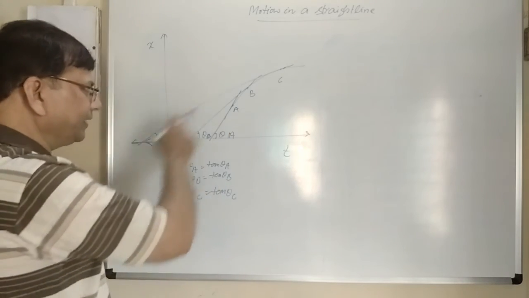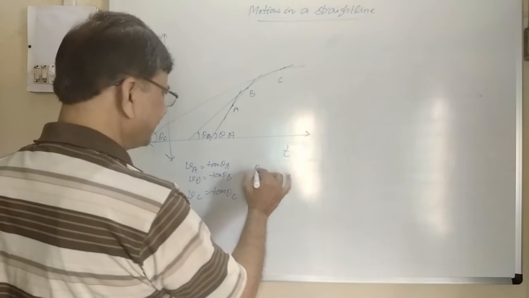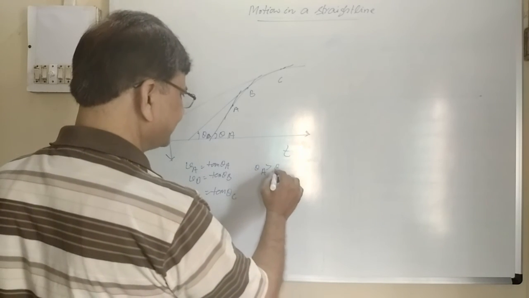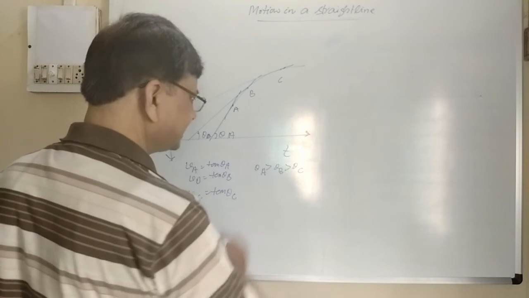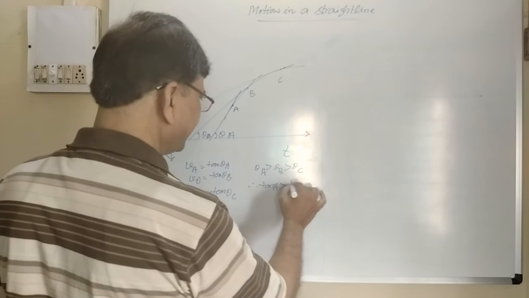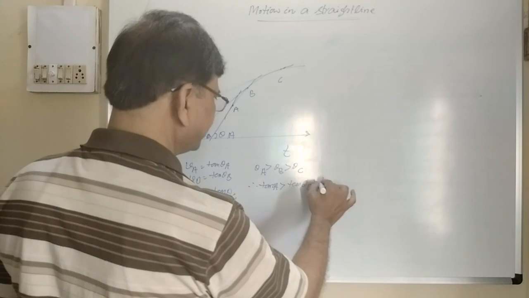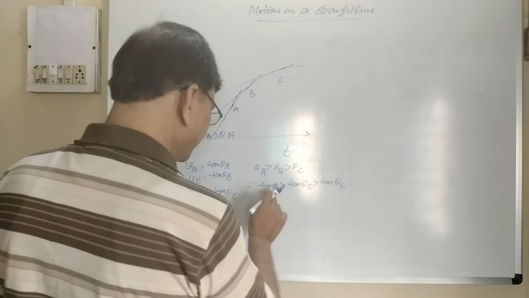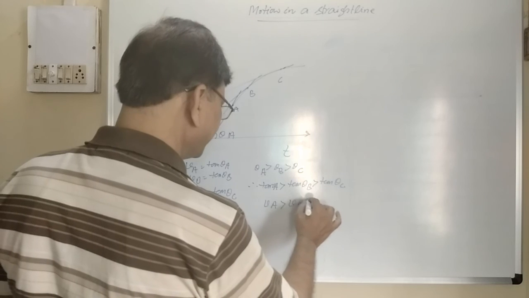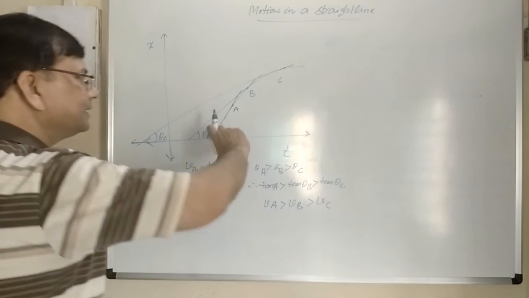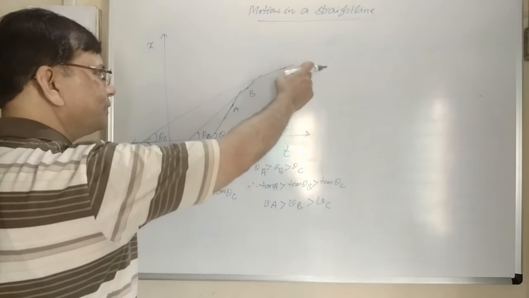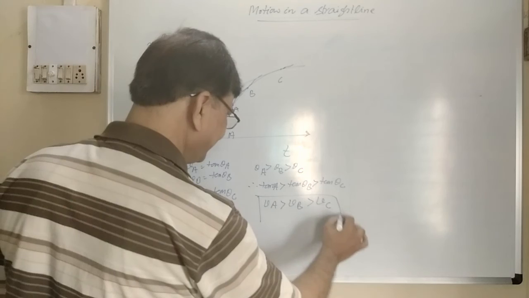And we can observe that theta A is greater than theta B greater than theta C. Therefore, tan theta A is greater than tan theta B greater than tan theta C. So this implies VA is greater than VB greater than VC. This graph tells that velocity is gradually decreasing, right?